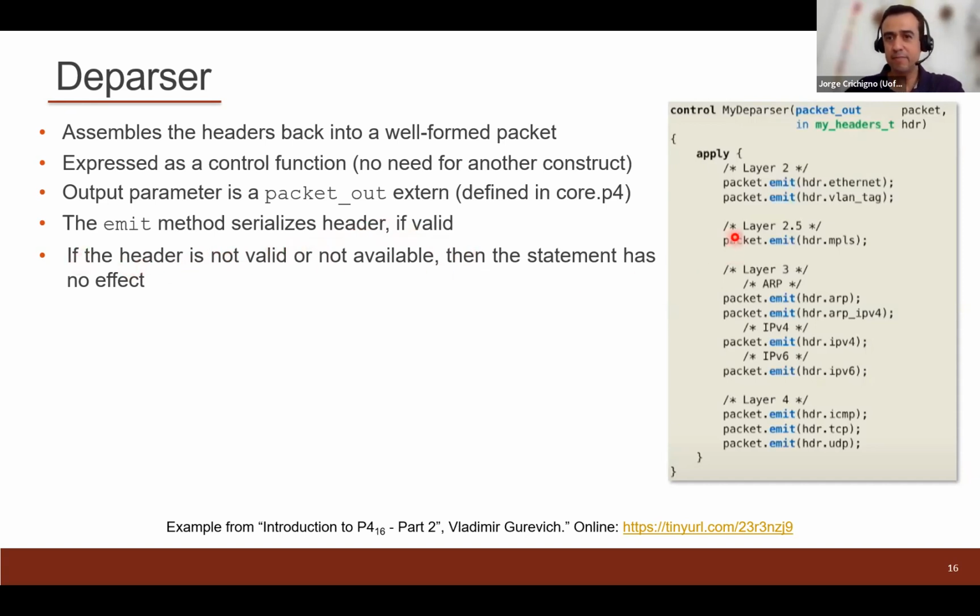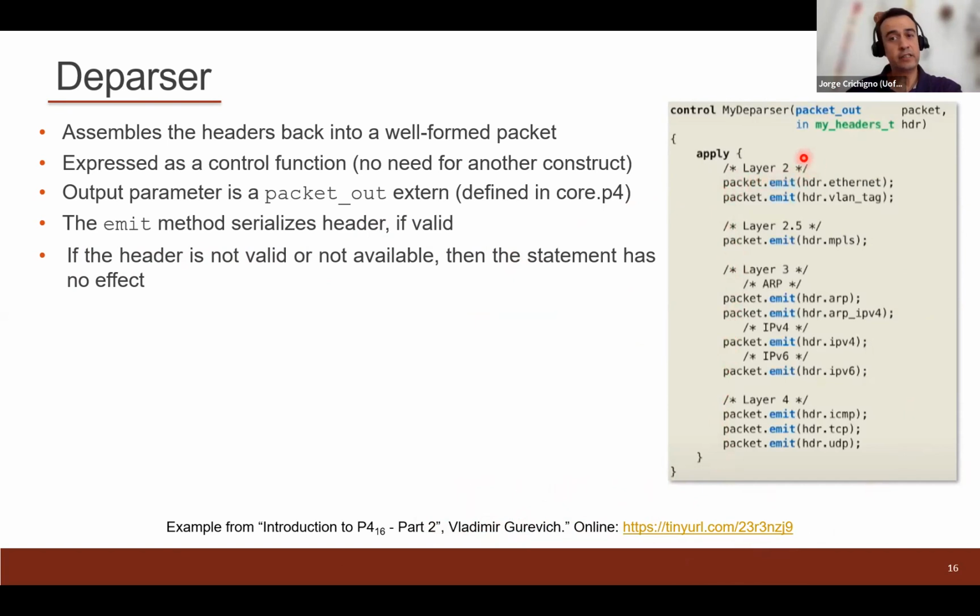Having said that, here we have a complete deparser, and this is coming, by the way, from a tutorial that was given by Vladimir Gurevich. So the link is here at the bottom. The emit method serializes the header if the header is valid. And what that means is we can put all the potential headers one after another.